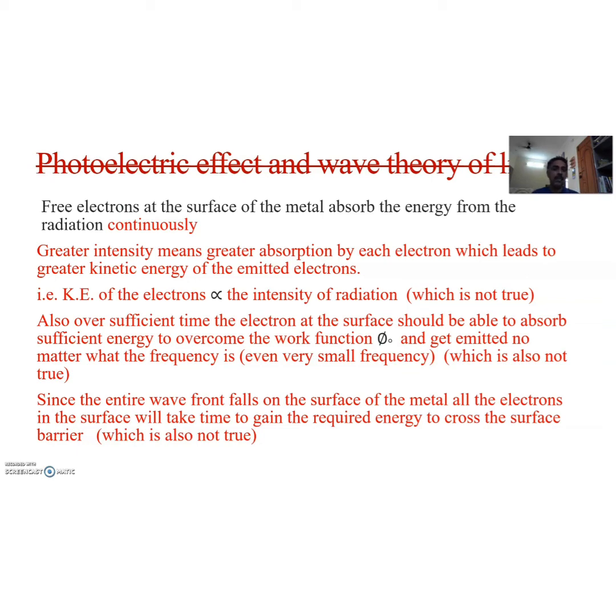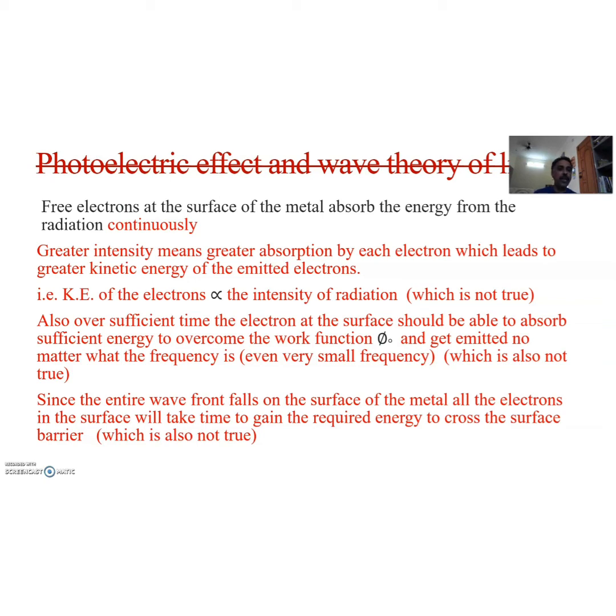One more thing is, since the entire wave front falls on the surface of the metal, all the electrons on the surface will take time to gain the required energy to cross the surface barrier. As a result, all the electrons are going to share the continuous energy, which means that an electron may take time to absorb this energy and come out of the material.